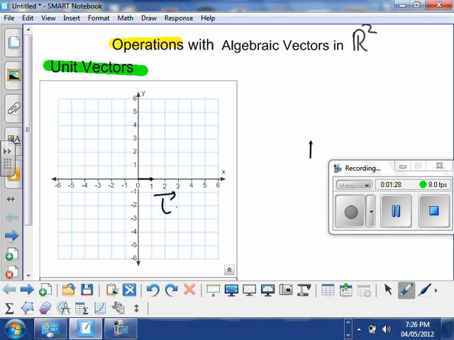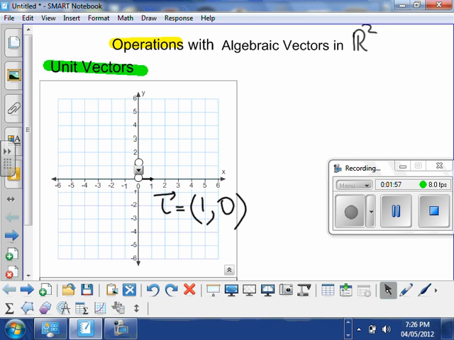Vector i, I show it's a vector, and I'm going to write it as 1 and 0. Yes, as a position vector, I can write it as 1 and 0. And the same thing on the y-axis. Let's put the second unit vector on the y-axis.